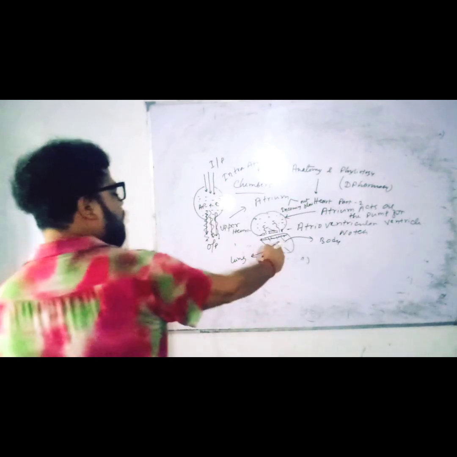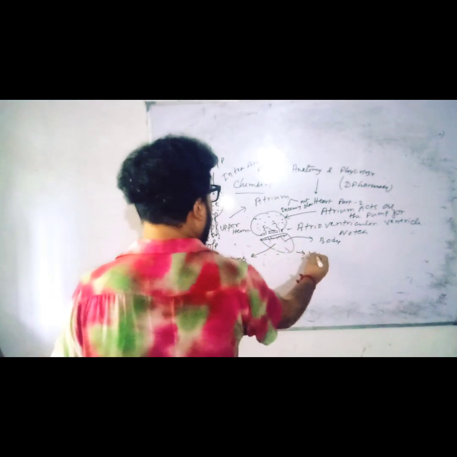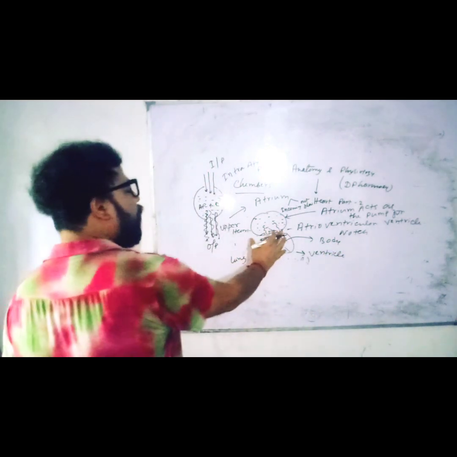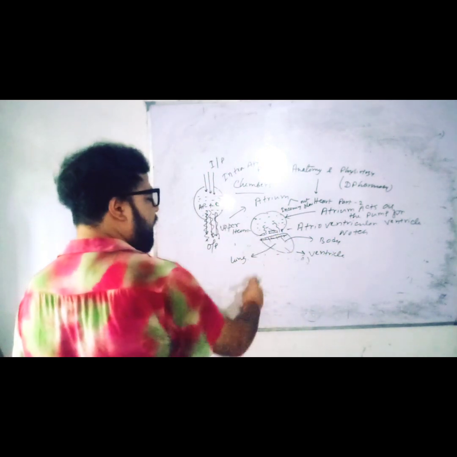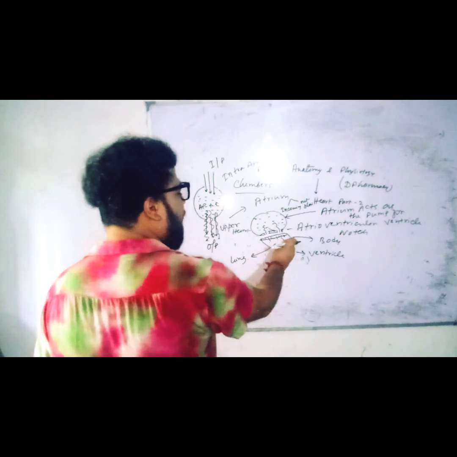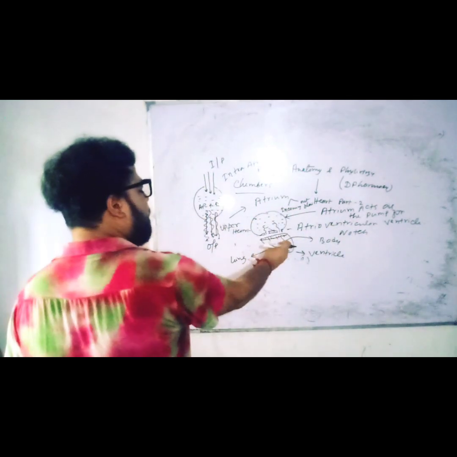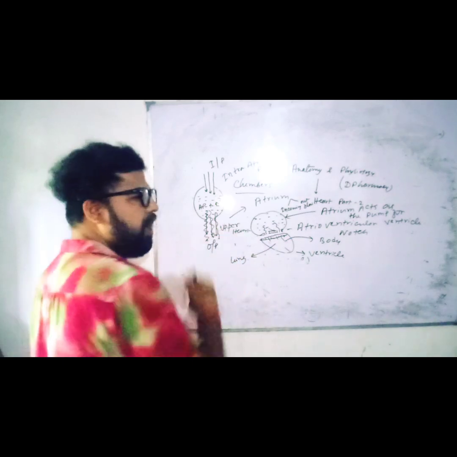So the lower part is called ventricle. When it will be contracting, some part of the blood will be pumped out towards the body, and some part of the blood will be pumped out towards the lung.